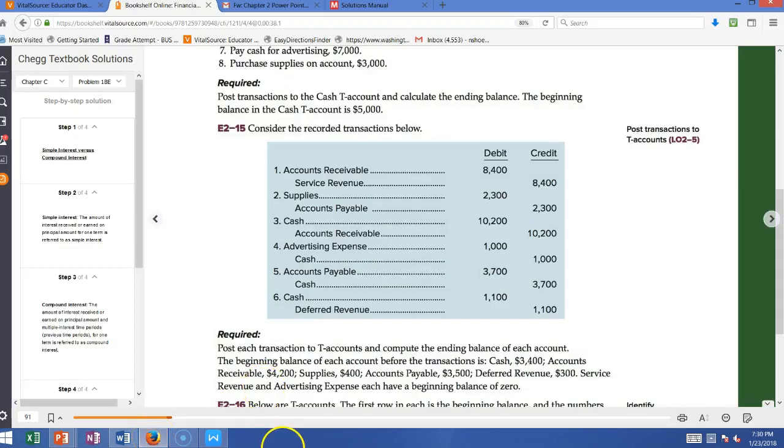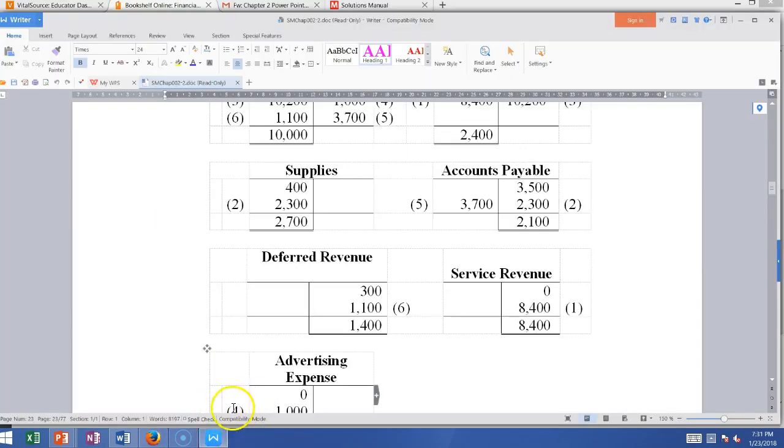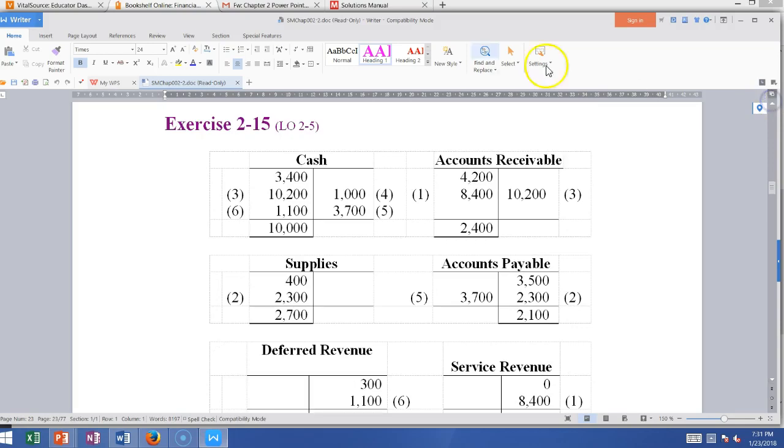Okay. So we need to post each of these and compute the ending balances of each account. You're going to total your debits, total your credits, and you should end up with the cash having a balance of $10,000.